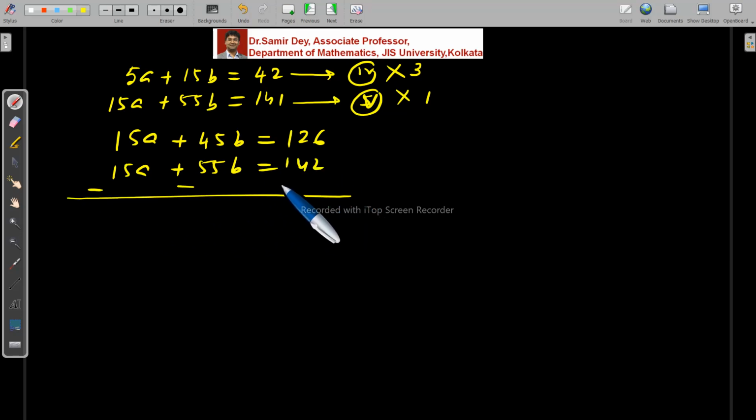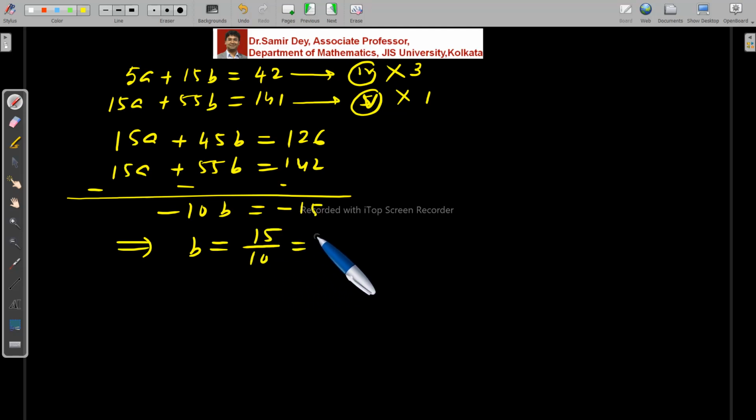Subtract it. So ultimately it is coming minus 10b = minus 15. So from here b = 15 by 10 = 1.5. Therefore b = 1.5.